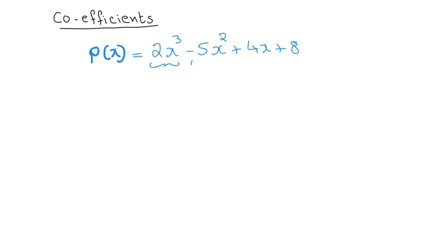Each is called a term of the polynomial. Each is called a term. So how many terms does this polynomial have? It has 4 terms. Got the idea? Okay.